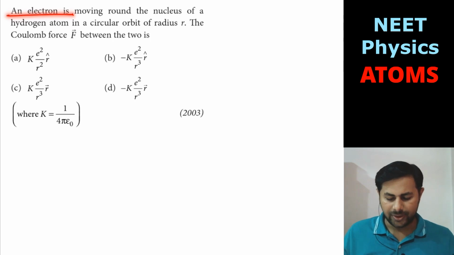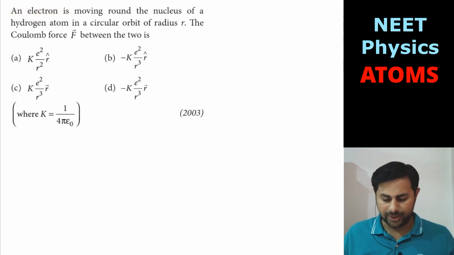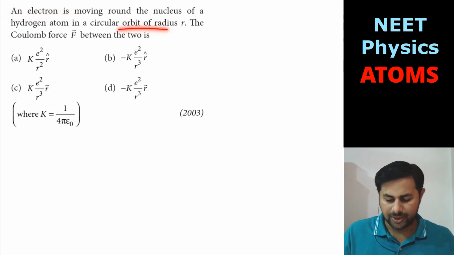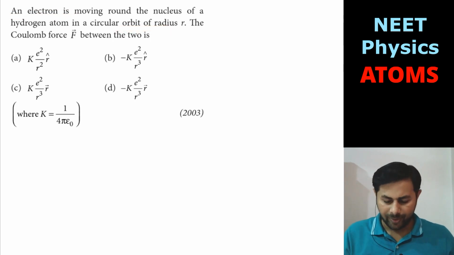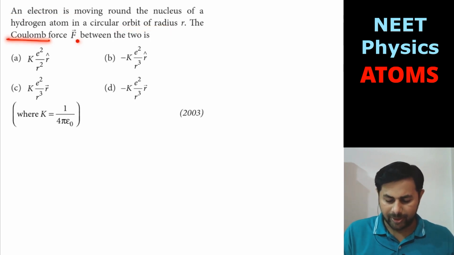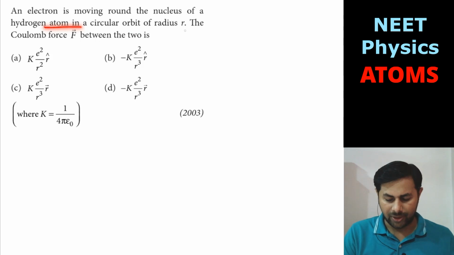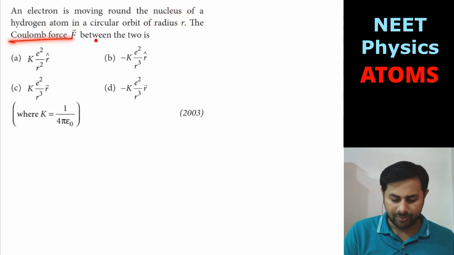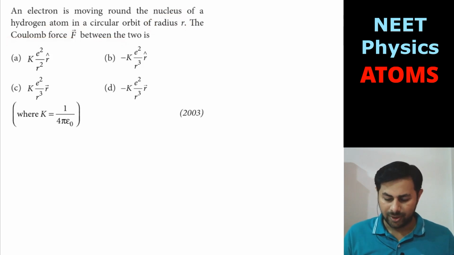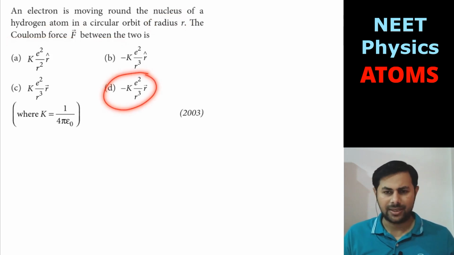An electron is moving round the nucleus of a hydrogen atom in a circular orbit of radius r. The Coulomb force F bar between the two is. Tell me. Radius is r. Option D. Yeah, that's correct.